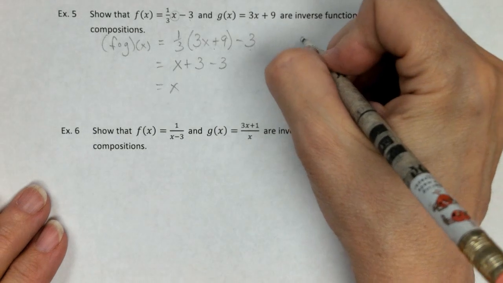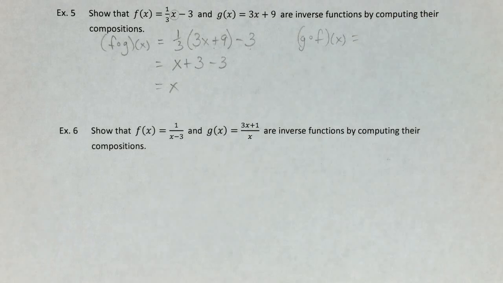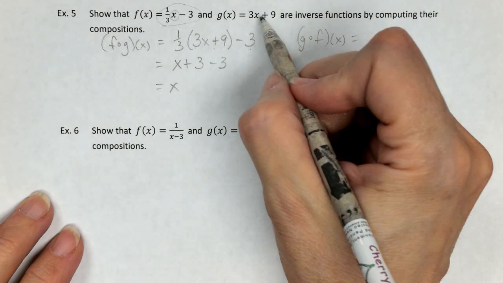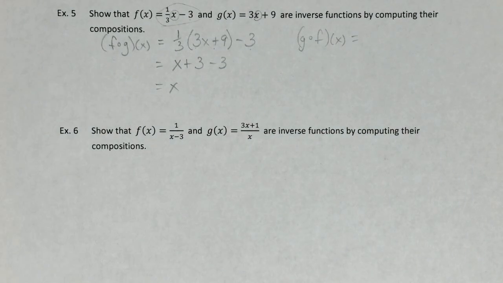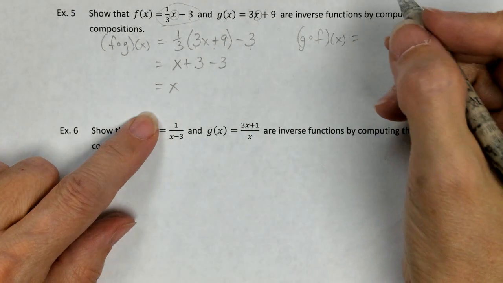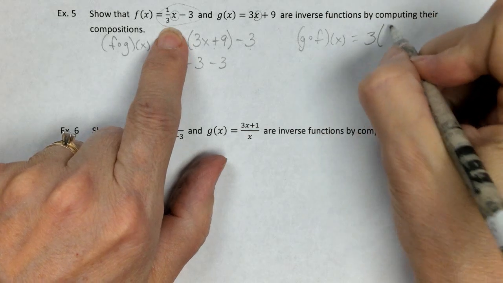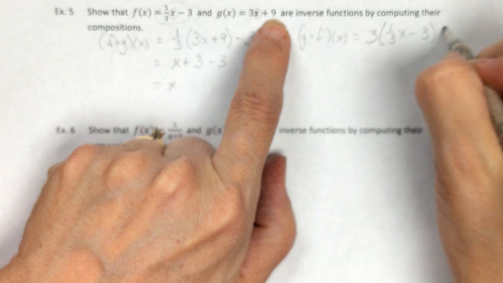Okay, then we do g of f of x, which is where we put f into g. So this whole thing is going in place of that x. Okay. And so that means 3 times 1/3 x minus 3 plus 9.